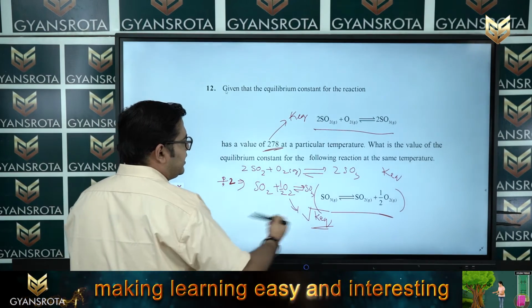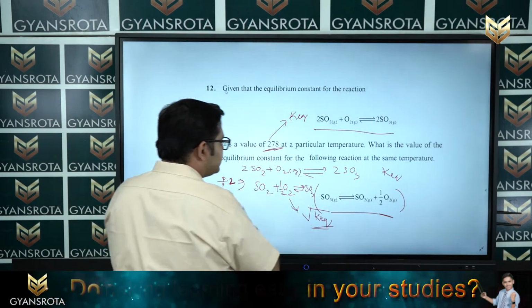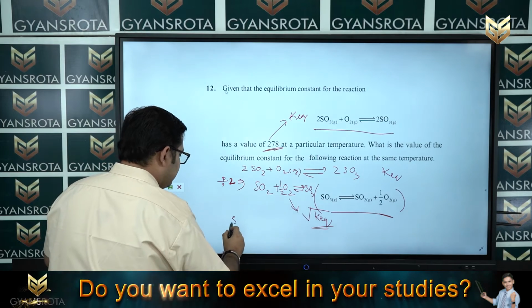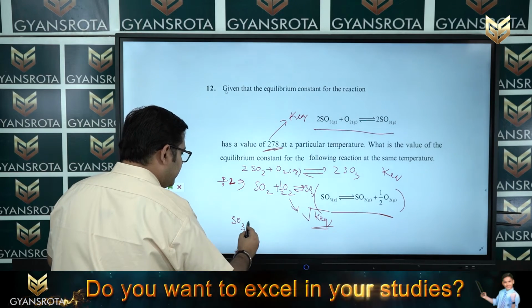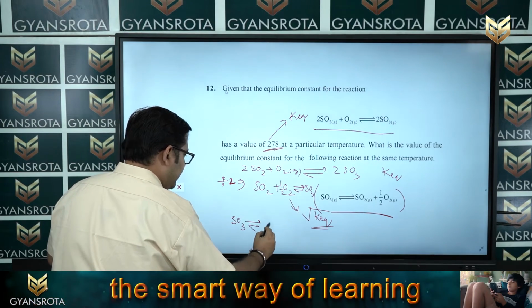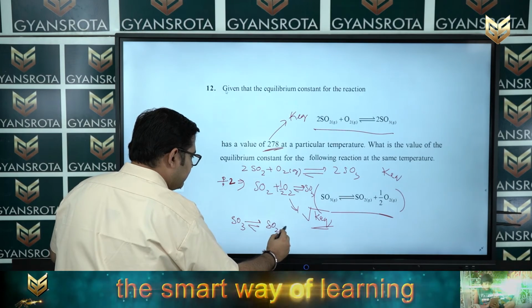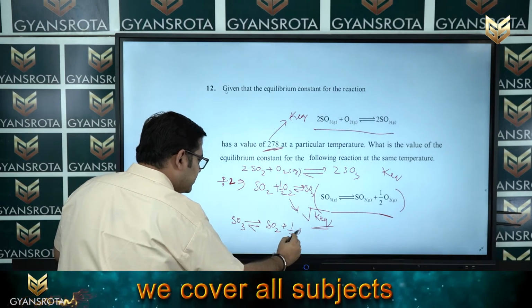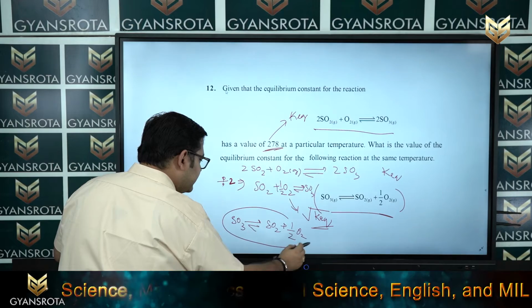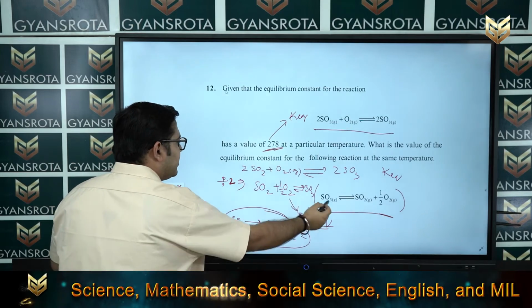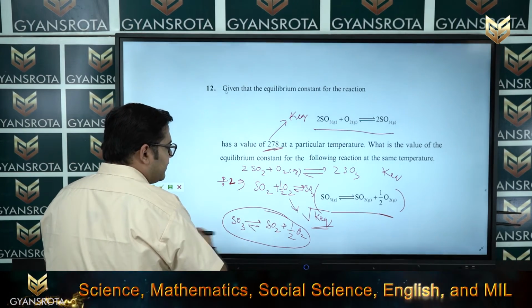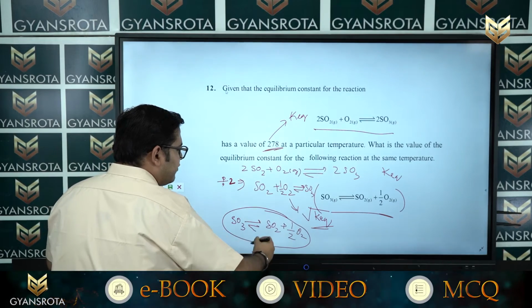Now again, they reverse this reaction. It means SO3 will be on the left and you get SO2 and half O2. This is our resultant equation, which is similar to the question. Now again, what happens with the K equilibrium?